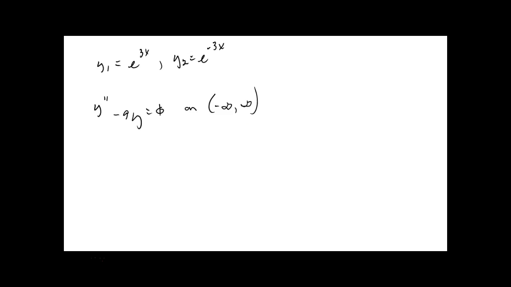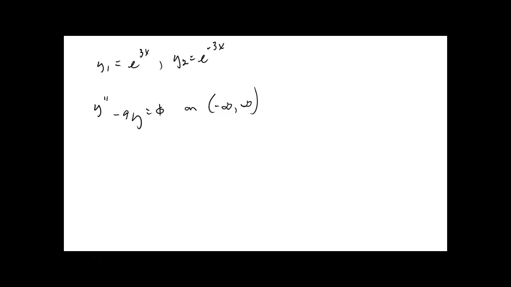It's easy enough to prove that this is true. Let's take the first one. First derivative: 3e to the 3x. Second derivative: 9e to the 3x. And 9e to the 3x minus 9e to the 3x is equal to 0.